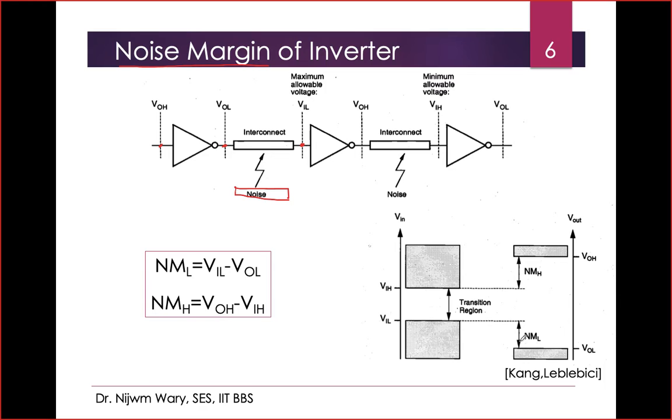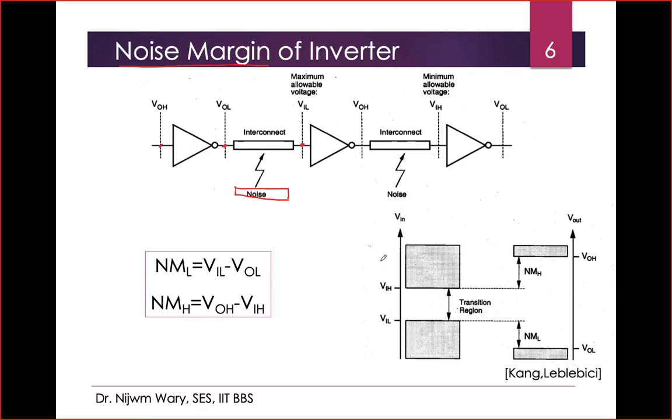As long as the signal is below this level, it's no problem at all. Generally, VIL minus VOL gives me the noise margin on this lower side.